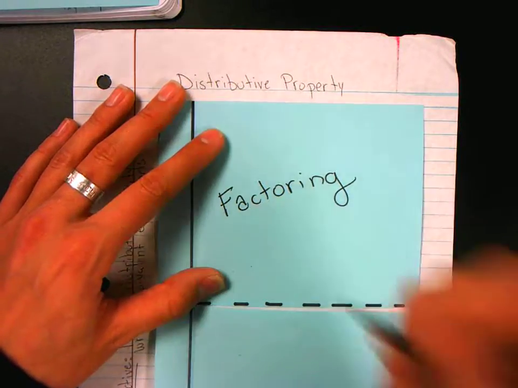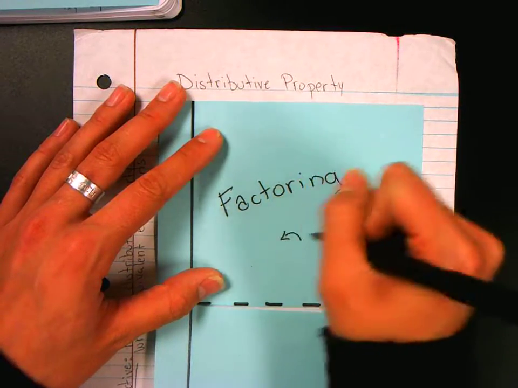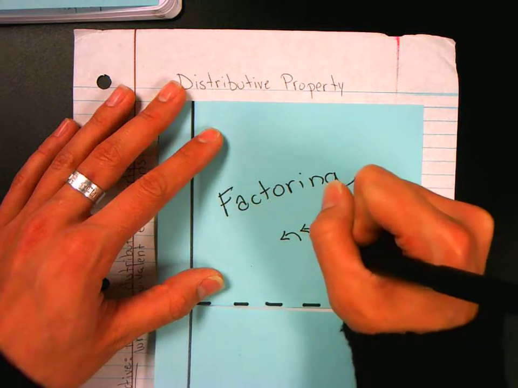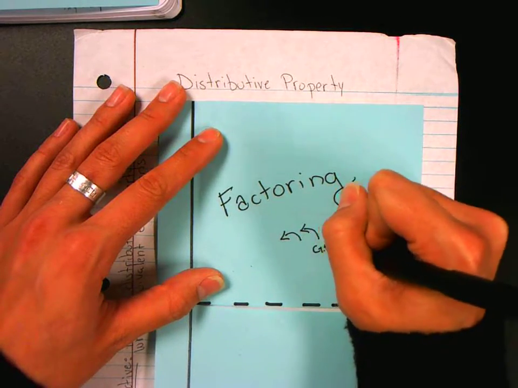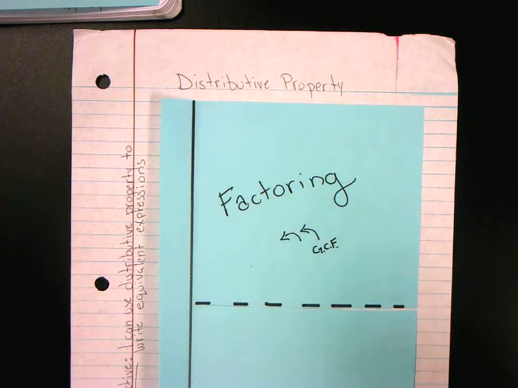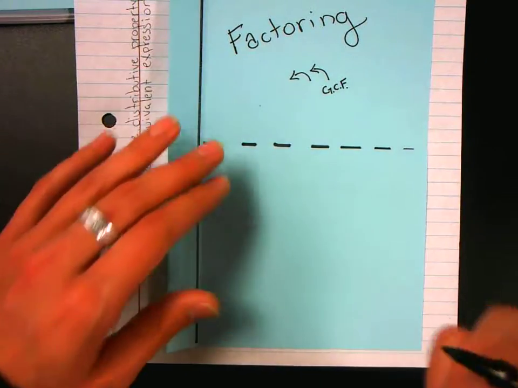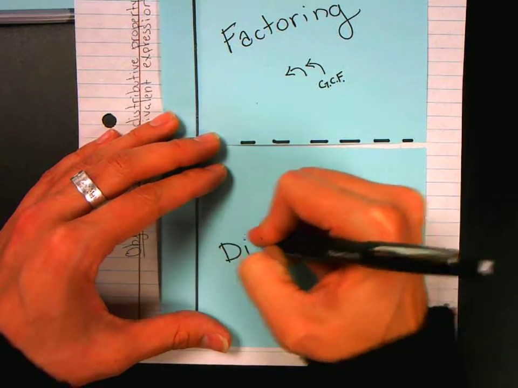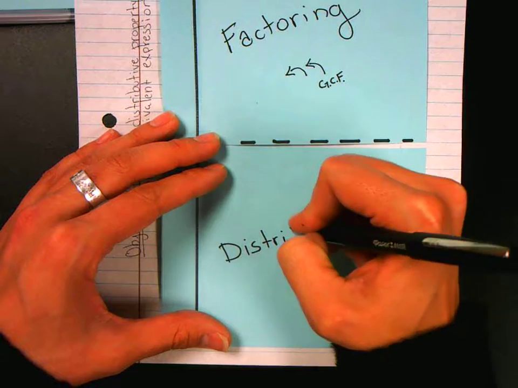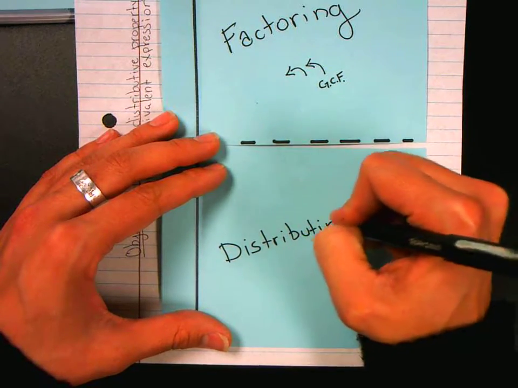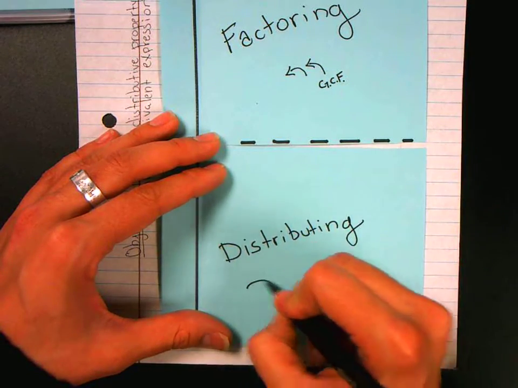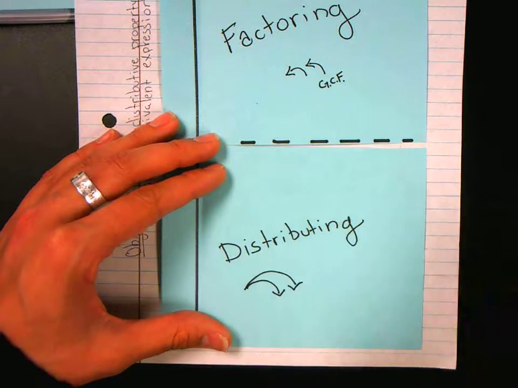With factoring, we definitely want to make sure that we're pulling the GCF out. So I kind of want to put a little visual there. You're pulling out the GCF. And if we want to label that second one, just because if we have a marker out, we're going to label this one distributing. So we're going to distribute one term to each term on the inside.